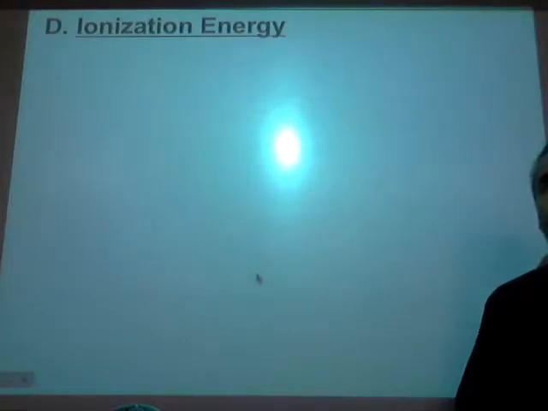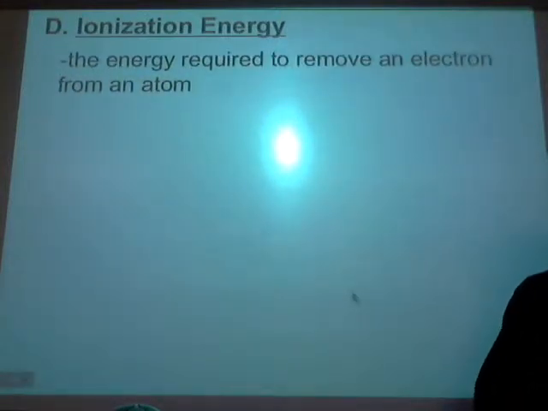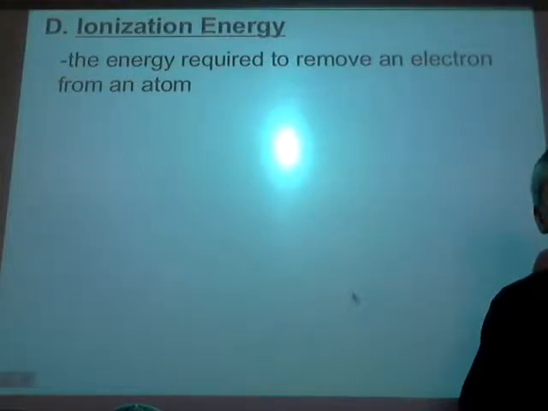How do you make an ion? You remove an electron. So the ionization energy is the energy it takes to remove an electron. Simple enough. Now, again, just like I did with electronegativity, I'll bet you guys can figure out the answers to each of my things in my notes as they come up in the next 10 minutes.